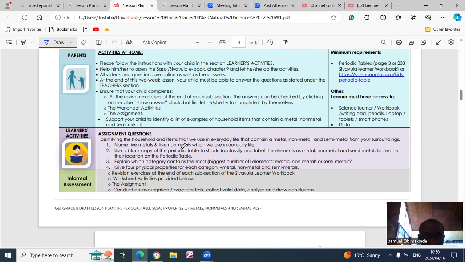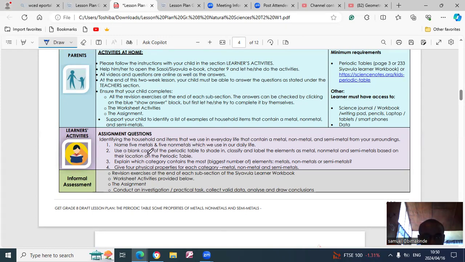Then another non-metal we can think of will be chlorine. Though chlorine might not be used in everyday activity, one very good example of its use is to disinfect your swimming pool and so on. So you think of other examples.